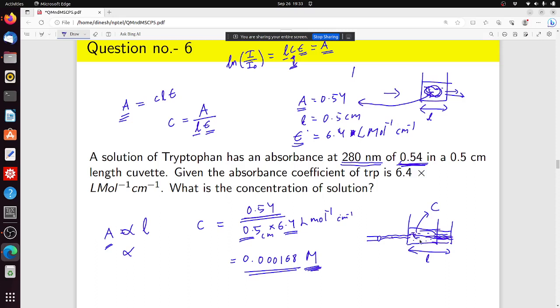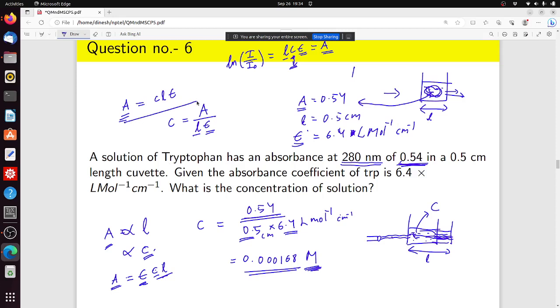If the solution is dense, it will be more capable of absorbing light. So absorbance is directly proportional to the concentration, and A is related to these two parameters by a constant. We call it the absorption coefficient. This is the proportionality constant, and the absorbance depends on the concentration and length of the solution with this absorbance coefficient.